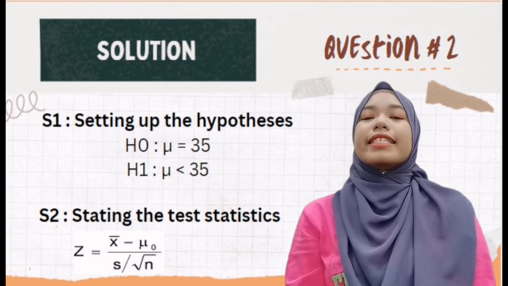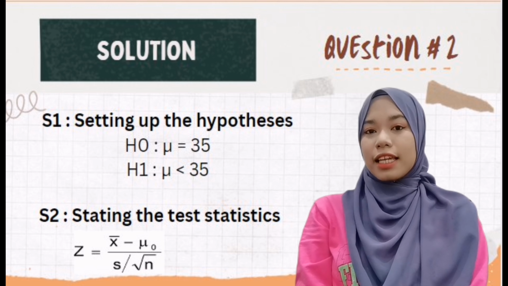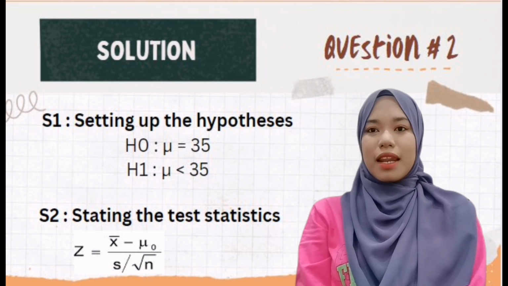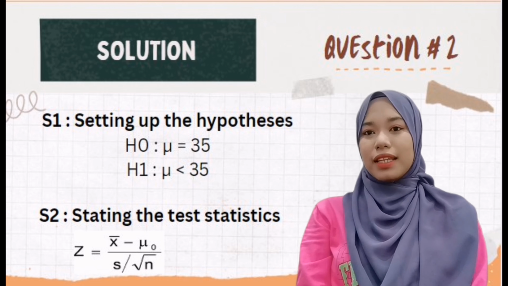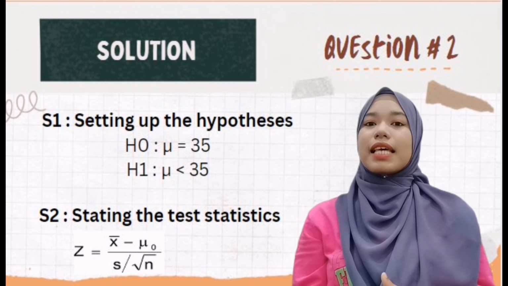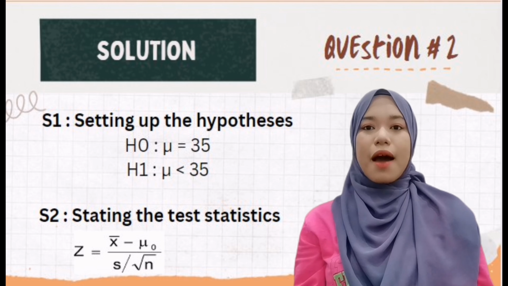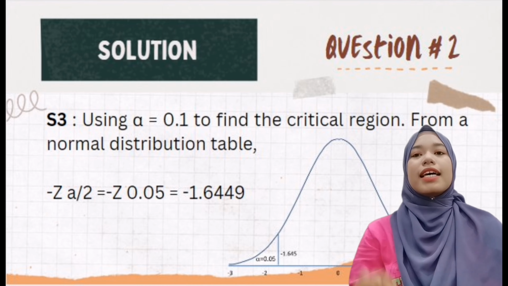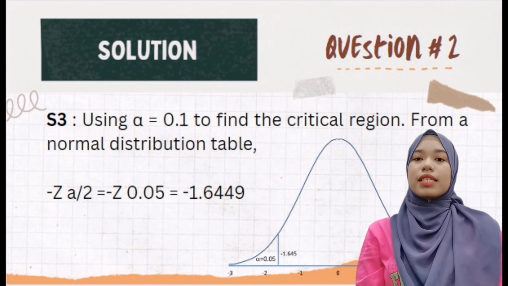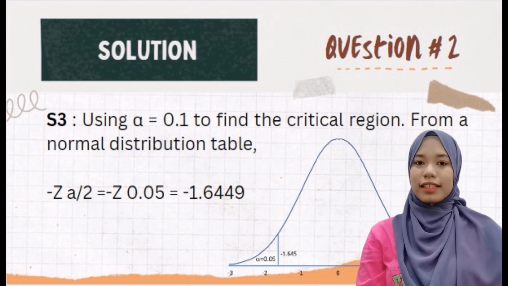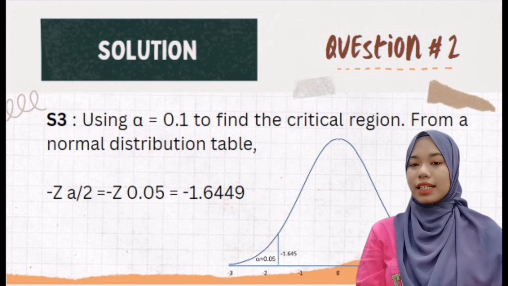Step 2, stating the test statistic. Use the formula: test statistic equals the sample mean minus the population mean as stated in the hypothesis, divided by the sample standard deviation over the square root of the sample size. Step 3, which is using alpha equals 0.1 to find the critical region.